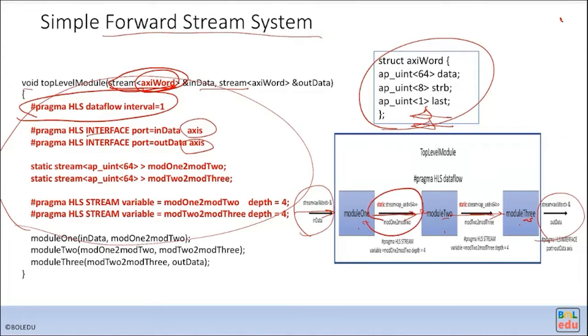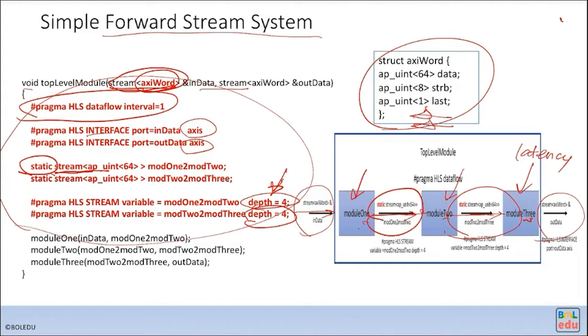For the internal stream, you create it using the HLS stream and declare it static. You also use the pragma stream to specify the depth here, and depth is very important, because each task may have a different latency.